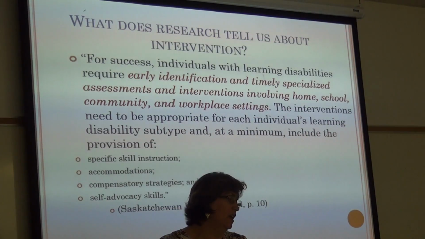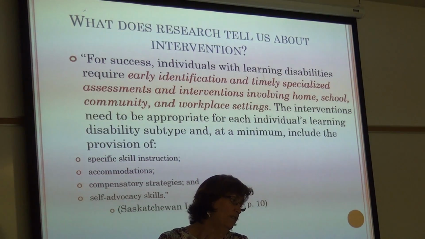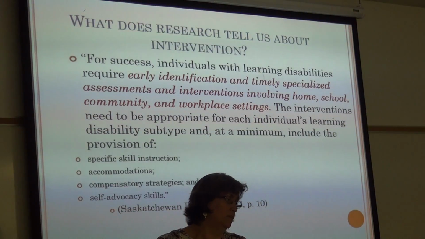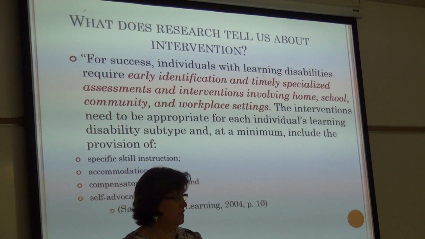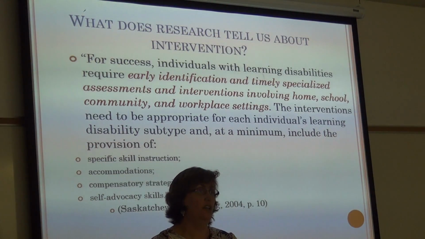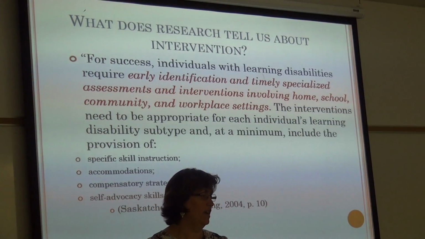So these are all things that would be covered once the person is referred to student accessibility services, and if they're screened and then tested and they find that there is a reading learning disability, then all of these things start happening, right? The specific skill instruction, accommodations are set up for the student, and then they're taught compensatory strategies with a learning strategist, and finally they're also taught self-advocacy skills with the learning strategist.